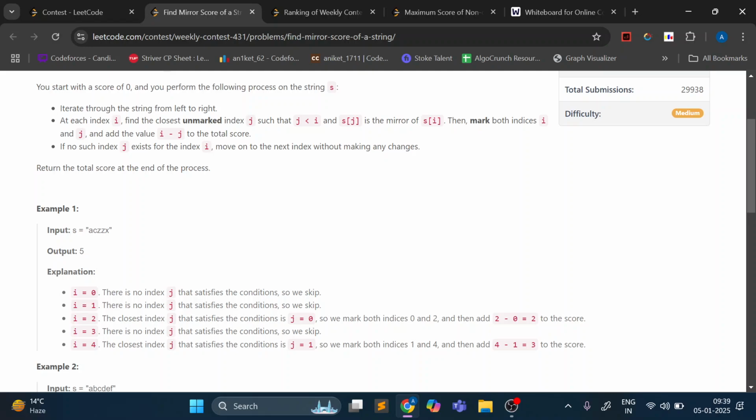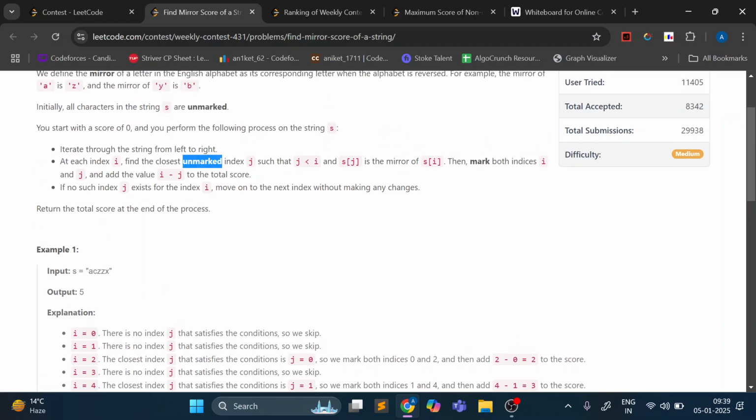For I equal to 2, which is Z, its mirror character A is at index 0. So we add 2 minus 0 to our score, so our score becomes 2. For I equal to 3, we skip it.